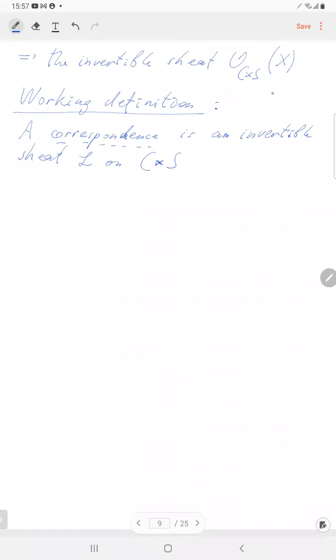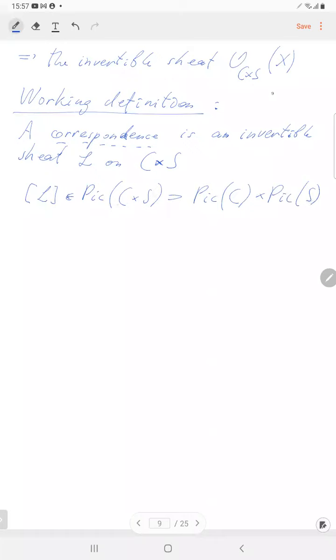And thus the class of this correspondence lies in Pic of the product surface, and there is some equivalence relation, because in this Pic group we have a subgroup, just Pic of C times Pic of S, right?